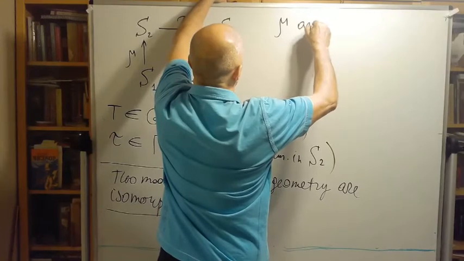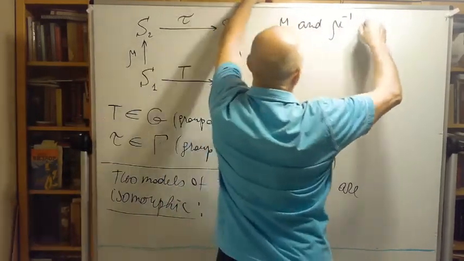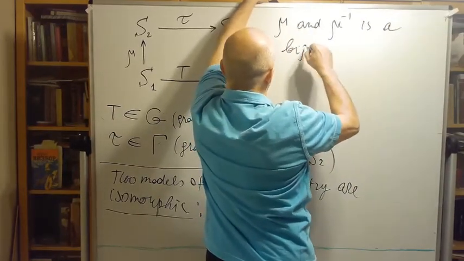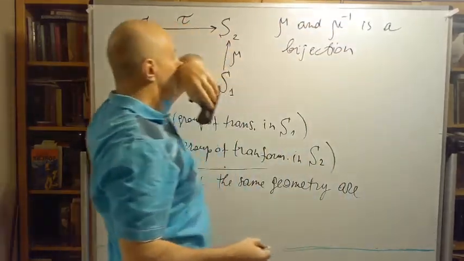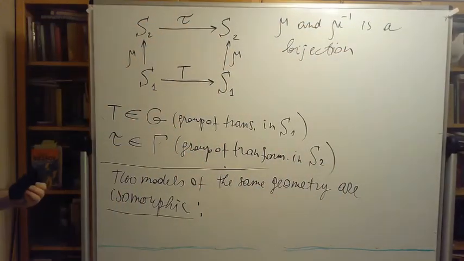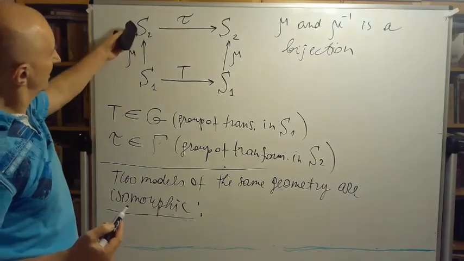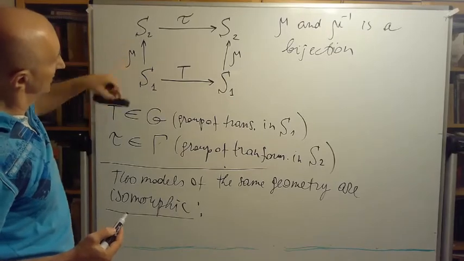Mu and mu minus 1 is a bijection. That is a necessary and sufficient condition for transformation to be invertible, because you want to be able to transform what we say in this model into the language of model S1.